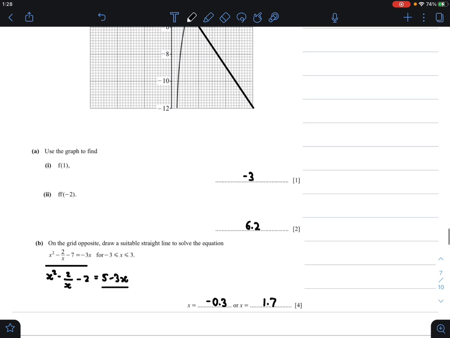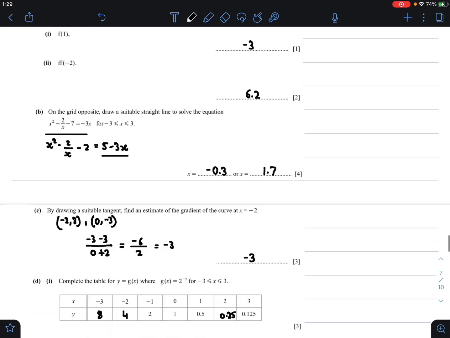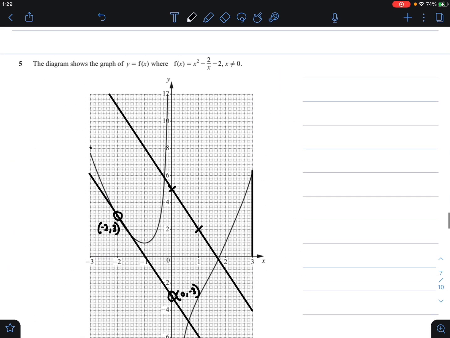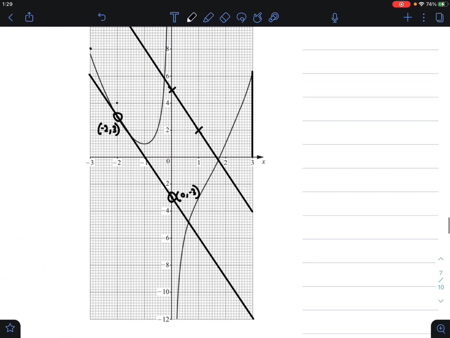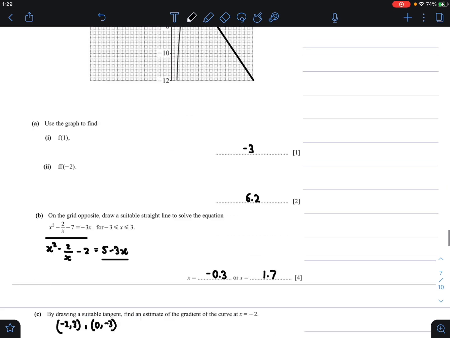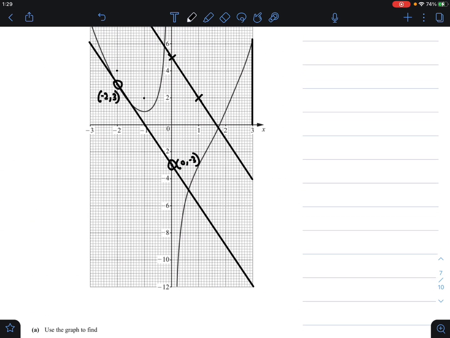So -3 comma 8 is the first point, so that would come right here. Then is -2 comma 4, which is right here. Next is -1 comma 2, which is right here. Next is 0, 1, which is right here.